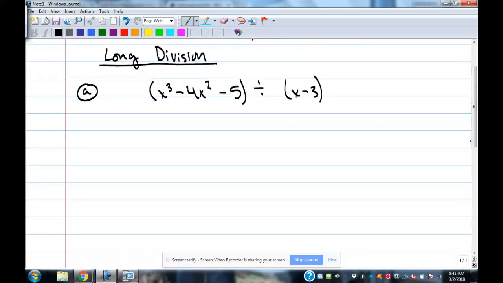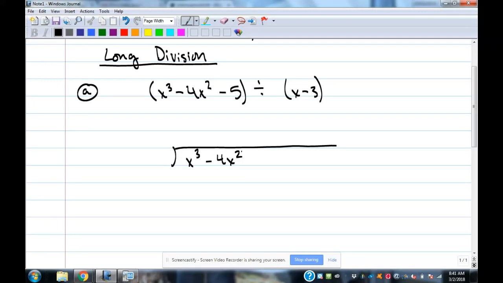All right, so long division. We take our dividend, which is what we're dividing into, and put it in that long division symbol: x cubed minus 4x squared. Then we don't have a term that's a plain x.